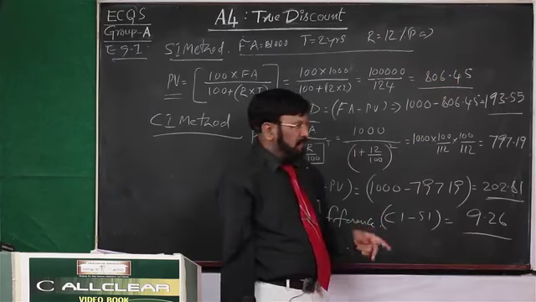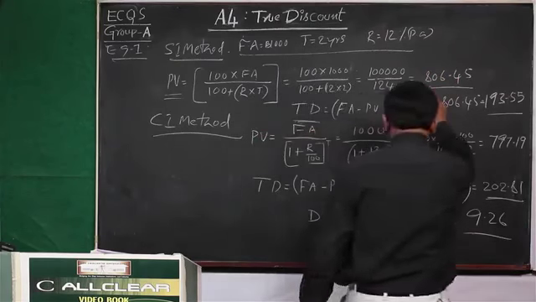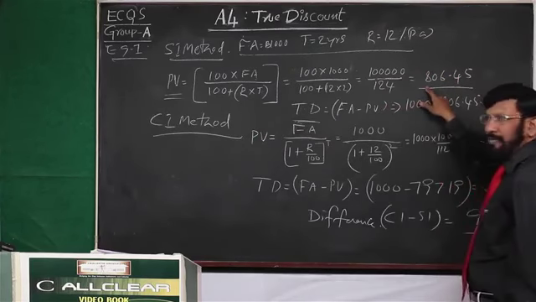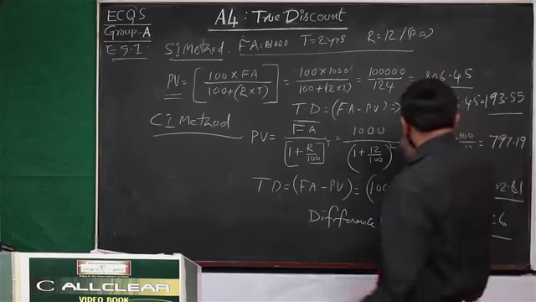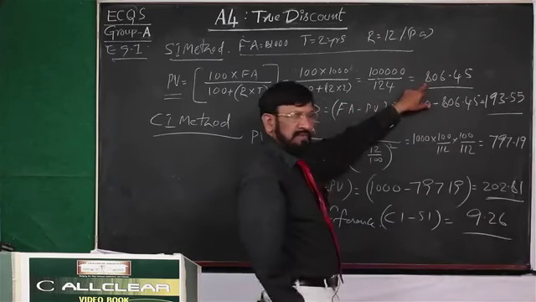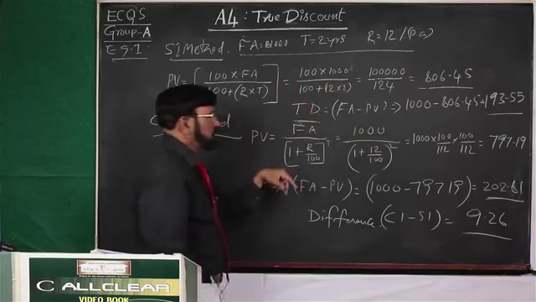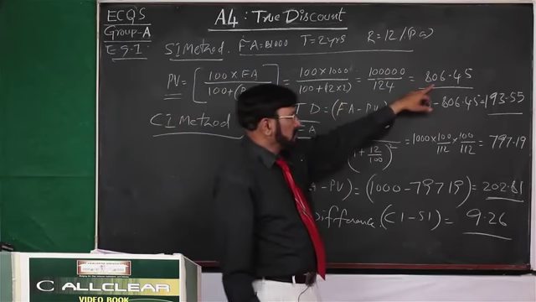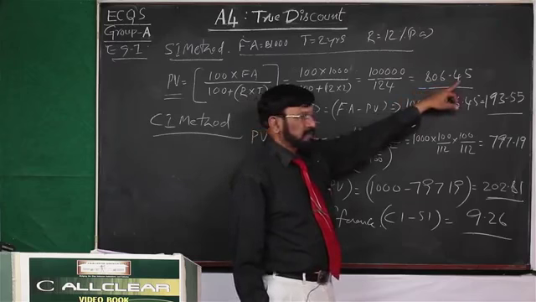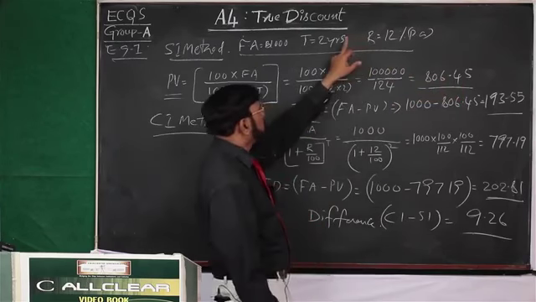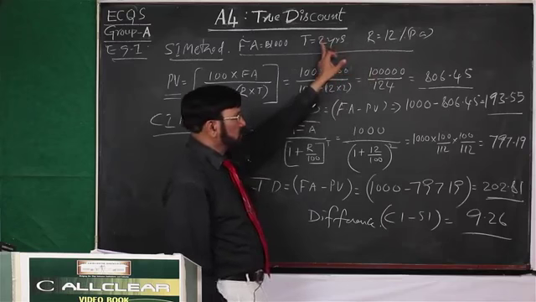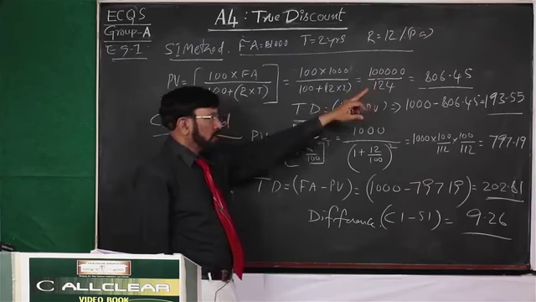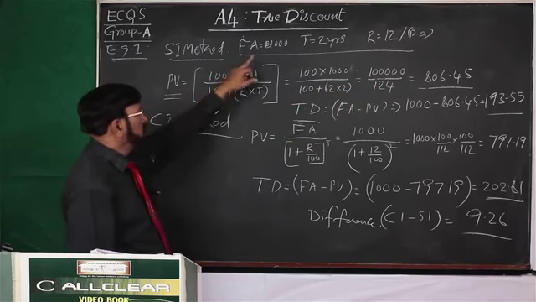Now, once again I am telling you, today if you have 806 rupees 45 paise with you, and you lend 806 rupees 45 paise at 12% interest for 2 years, after 2 years the amount would be 1000 rupees.